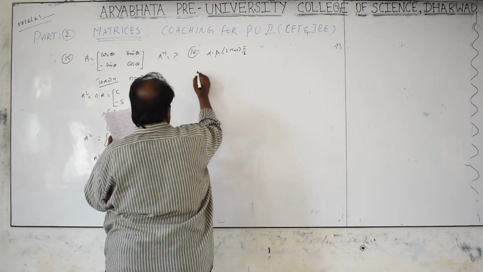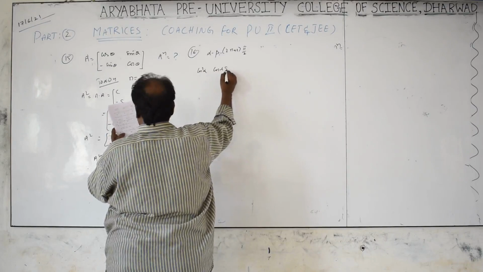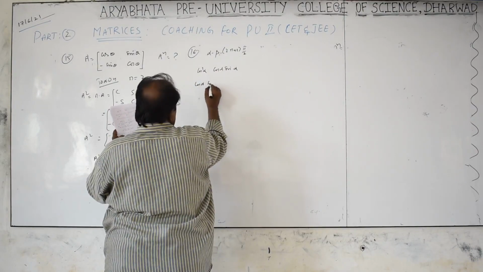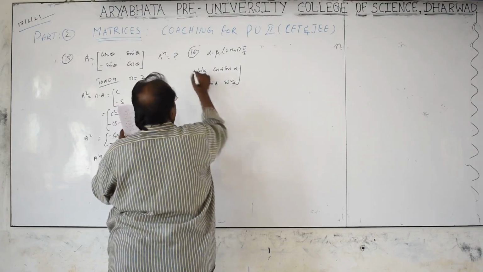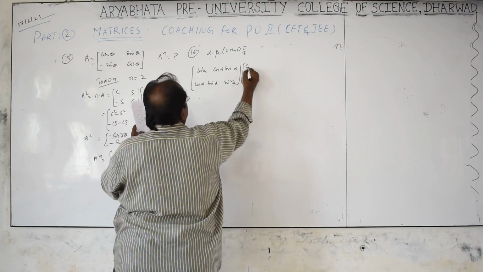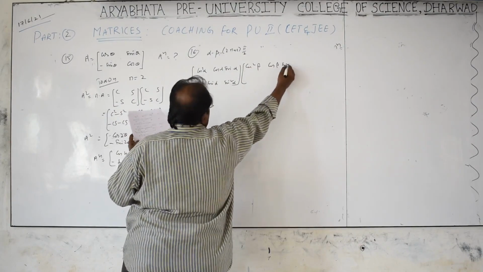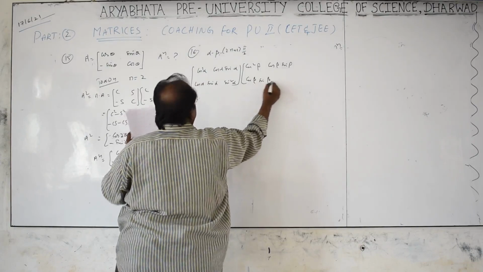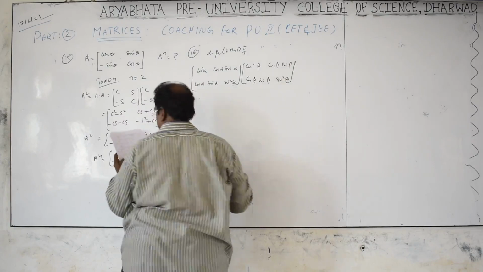Then we are given the matrix cos square alpha, cos alpha sin alpha, cos alpha sin alpha, sin square alpha, multiplied by the matrix cos square beta, cos beta sin beta, cos beta sin beta, sin square beta, and its value is asked.